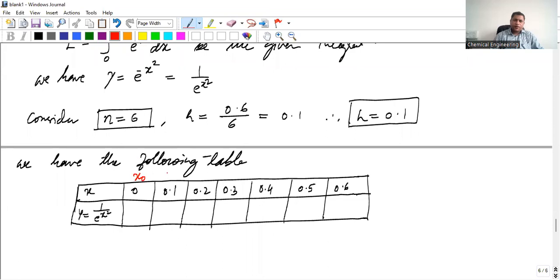Here we have to calculate these values x0, x1, x2, x3, x4, x5, and x6, so we can have y0, y1, y2, y3, y4, y5, and y6.